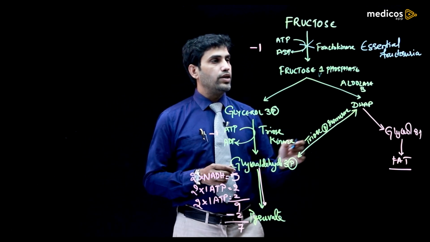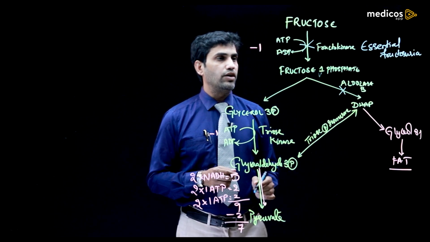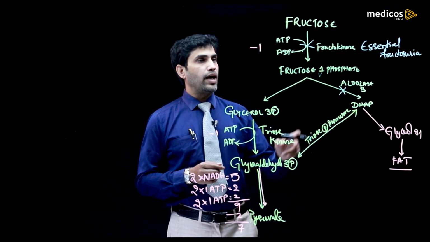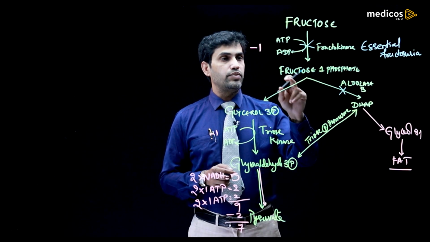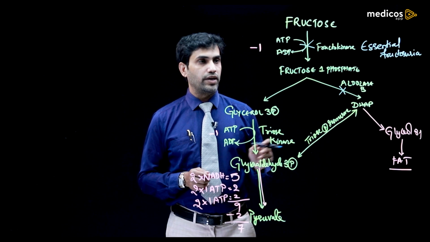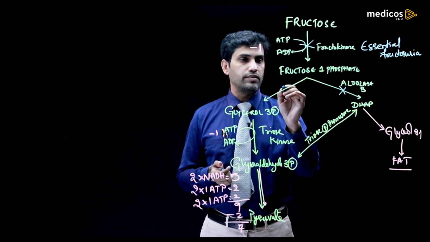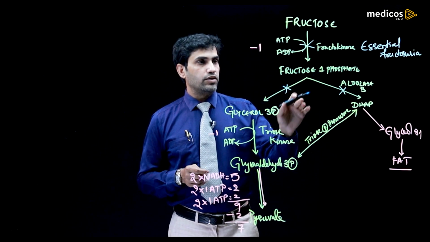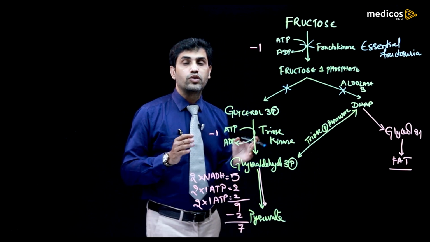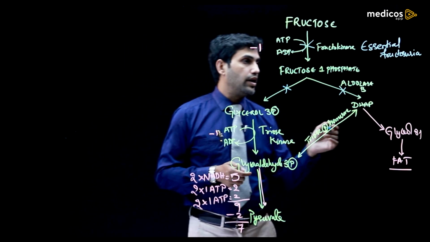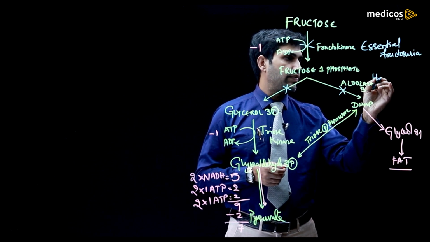If aldolase-B is deficient, there is increased accumulation of fructose 1-phosphate. Fructose 1-phosphate cannot be broken down further, so it gets accumulated inside the body and leads to hereditary fructose intolerance.